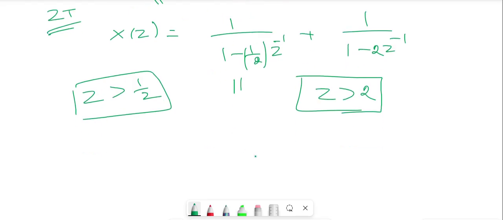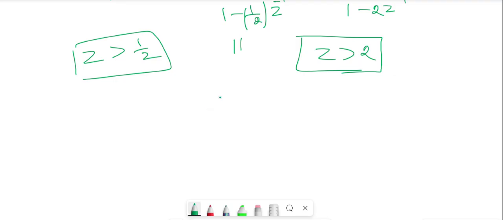Now how do you draw the given system function? The ROC for this will be 2 for the first case.